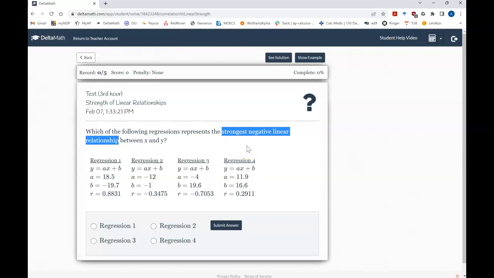I only care about the R's, right? Which R is going to be the one that indicates I have a strong negative linear relationship? The one for regression 3, because it's the one that's closest to -1. That's it. That's all I do, right?